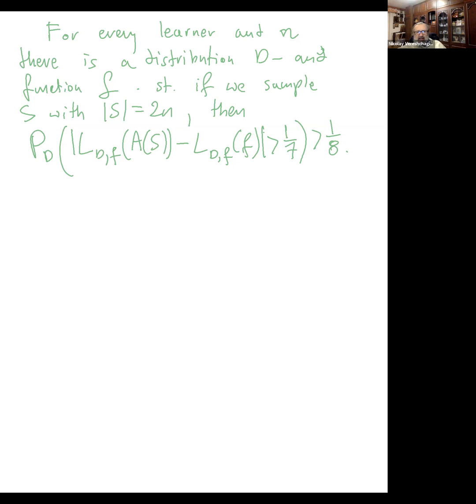Then any learner, even if improper, should output exactly f. Otherwise, its quality is worse than zero, right? Or you allow for the case when H consists of one function, you still allow to output something different from f, assuming that it is close to f, right? Yes. I see.